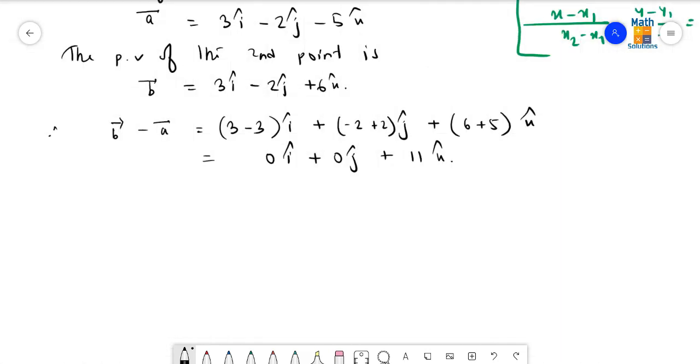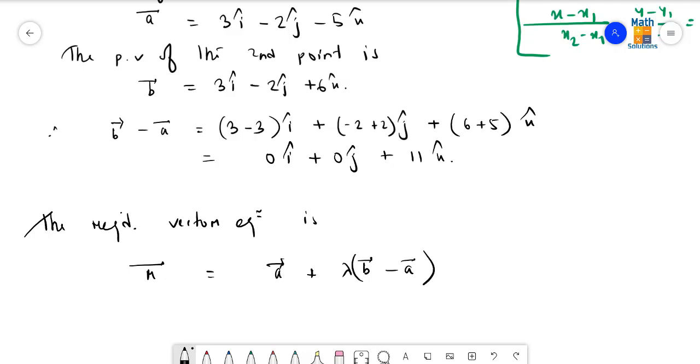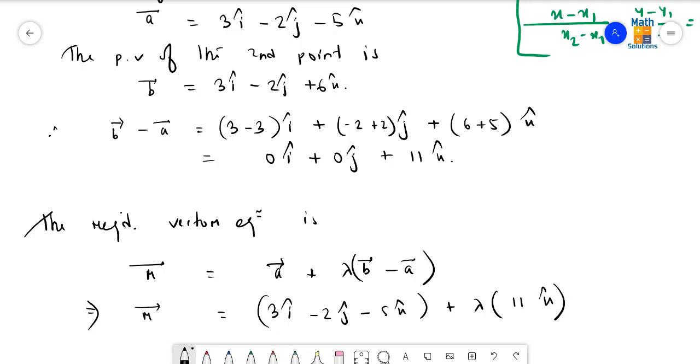So the required vector equation is vector r is equal to vector a plus lambda times (vector b minus vector a). So let us put the respective values. Vector r is equal to 3 i cap minus 2 j cap minus 5 k cap, this is one part, plus lambda times 11 k cap only.